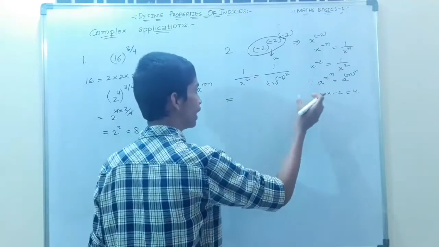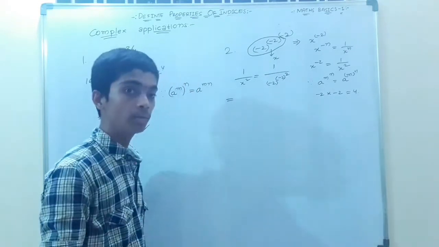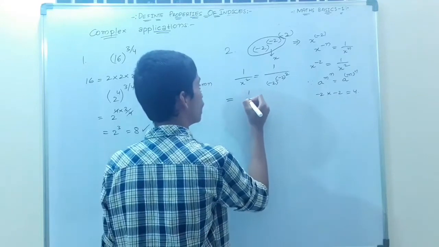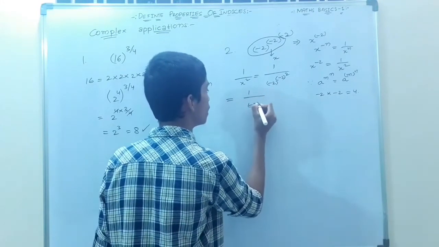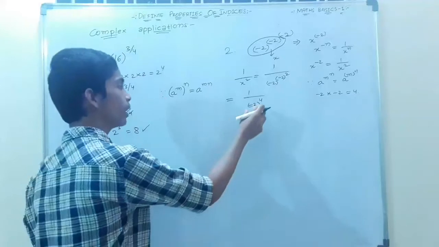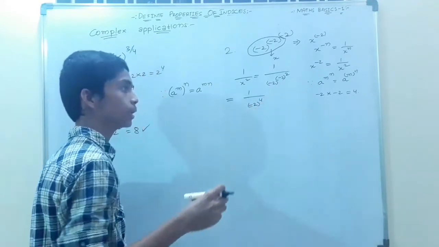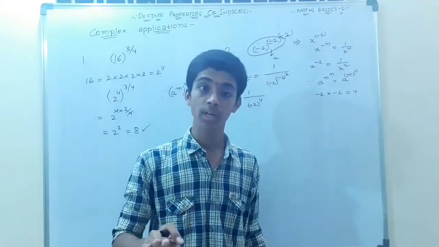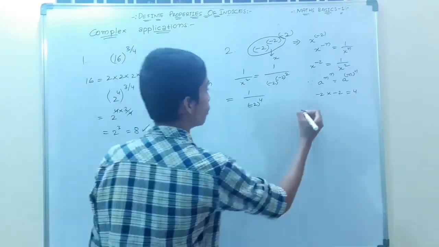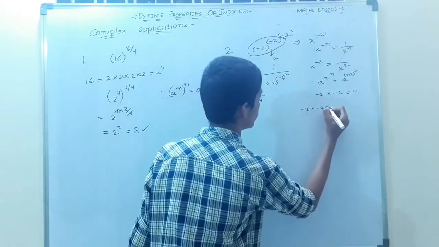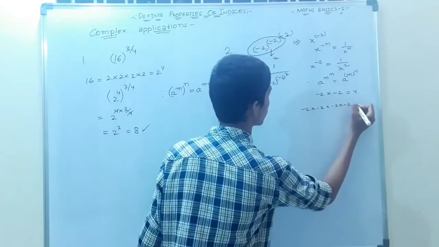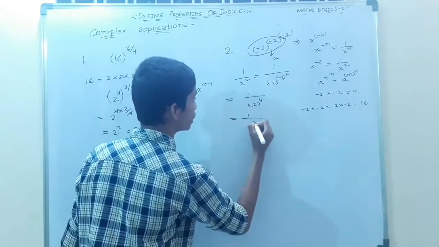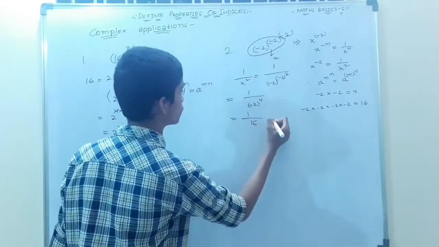Since minus is multiplied an even number of times, we get plus, so 1 by minus 2 power 4. Again, minus 2 is multiplied 4 times, that is an even number of times, so we get minus 2 into minus 2 into minus 2 into minus 2, that is 16, and we get 1 by 16 as the answer.